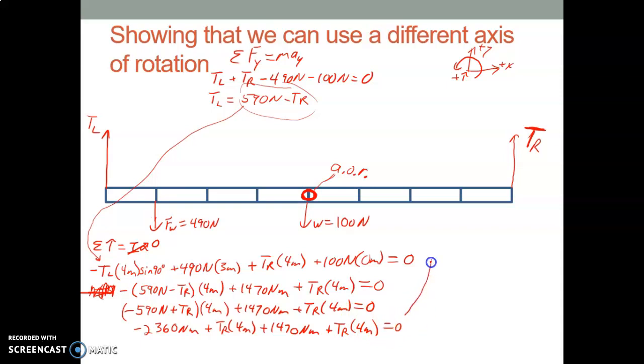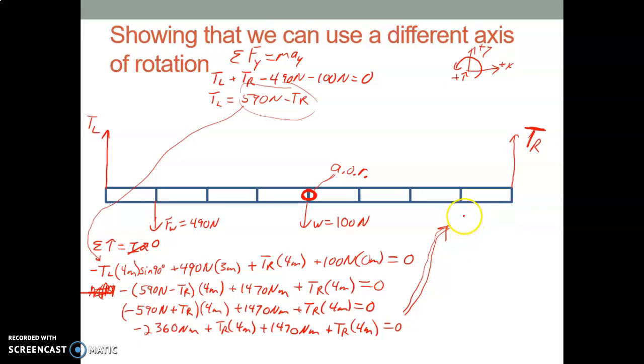And we're running out of room here at the bottom, so we're going to come up here. It's always helpful to show people your thought process here. So negative 2360 plus 1470. Go ahead and calculate that. That comes out to negative 890.